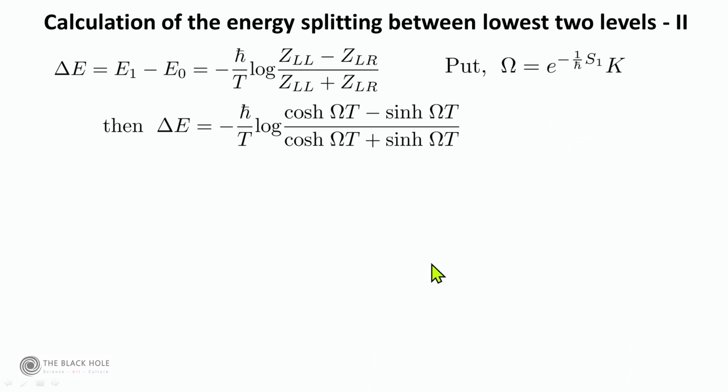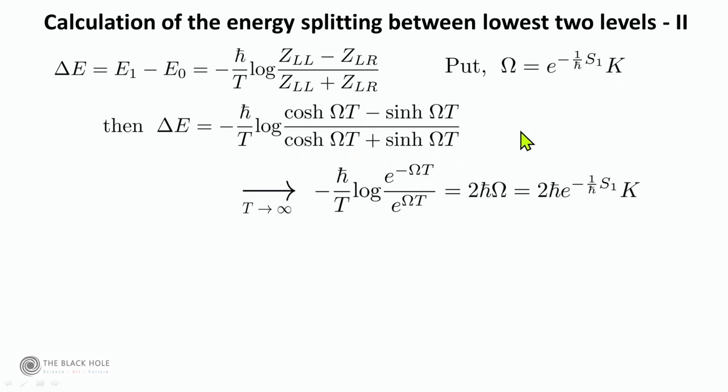So, just to make life a little easier, we'll put omega equal to this thing, the single instanton action divided by h bar, and K as before, and then we have cosh minus sinh and cosh plus sinh. Take their difference. The positive exponentials here cancel out. Here they add up.